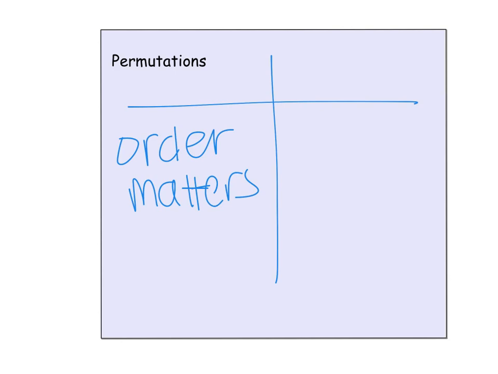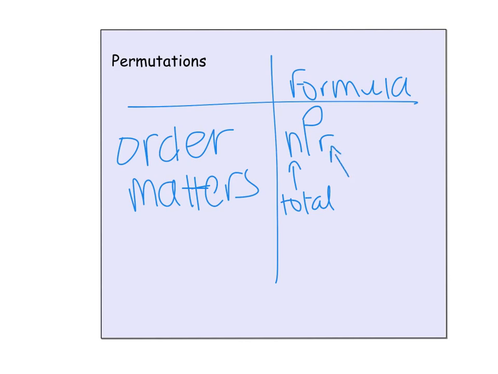Let's see. The formula for it. So I think I have a formula for you. We use the letters N and R. So it looks like nPr, and that's what it looks like on Desmos too. I'll have to pull it up in a little bit. N is your total, and then the R is how many spots to fill.